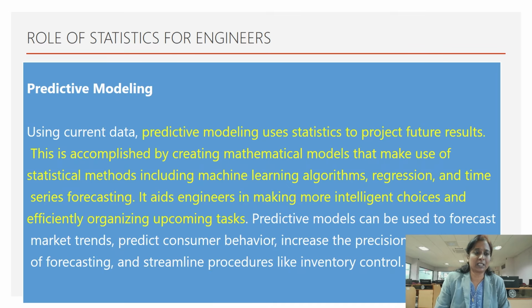We can see that some of the methods in the chapters we study are used in predictive modeling. Predictive modeling uses statistics to project future results. This is accomplished by creating mathematical models that make use of statistical methods, including machine learning algorithms, regressions, and time series forecasting.